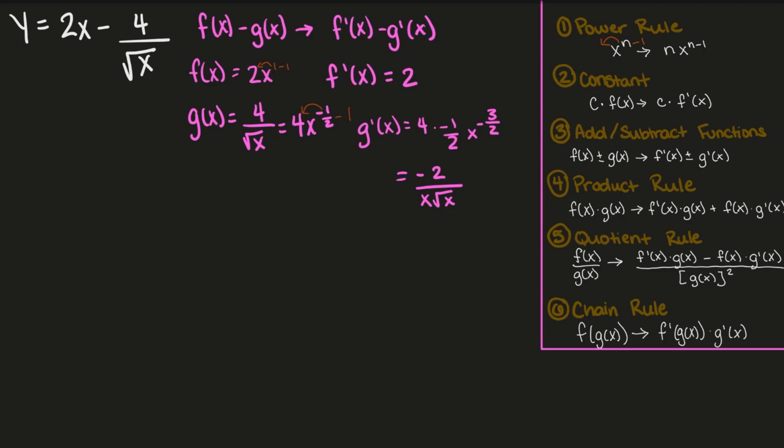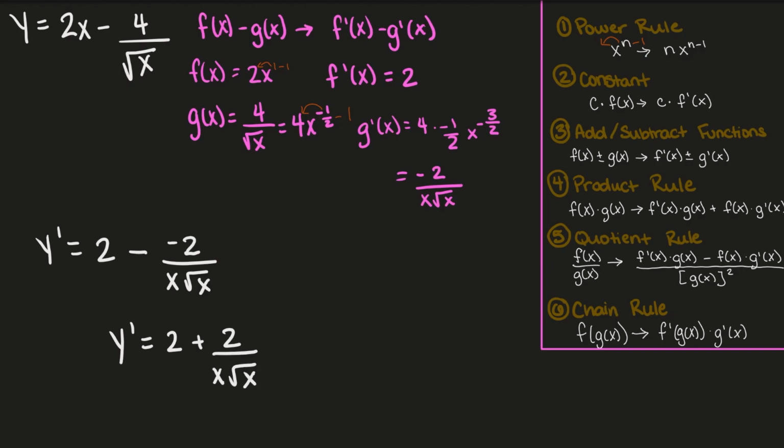So now we know our derivative will be f prime x minus g prime of x. So y prime is going to be equal to f prime, which is 2, minus g prime, which is negative 2 over x square root x, or y prime is equal to 2 plus 2 over x square root x.